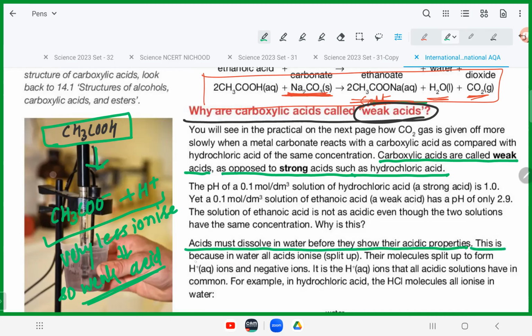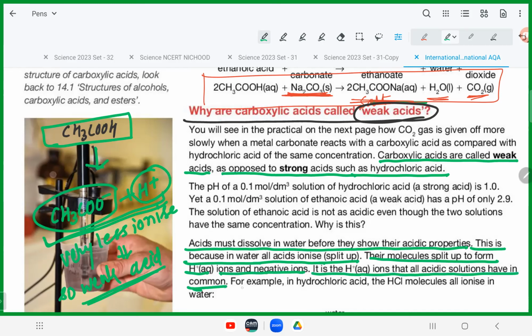This is because in water all acids ionize, split up. Their molecule splits up to form the H plus ion and a negative ion, the acetate ion. It is the H plus ion that all acidic solutions have in common.